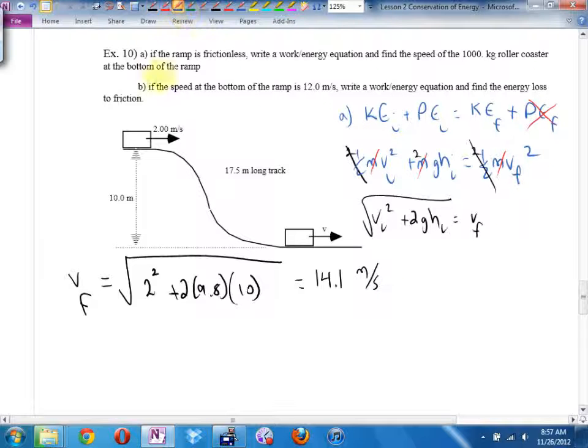Okay. B. Kinetic energy initial plus potential energy initial equals kinetic energy final plus potential energy final plus heat and sound and, well, we'll just call it all heat.